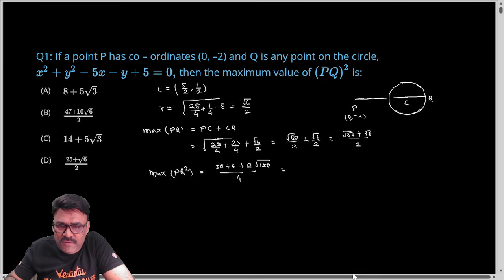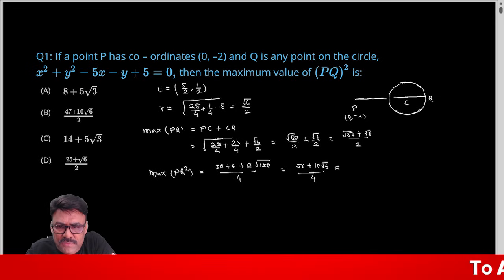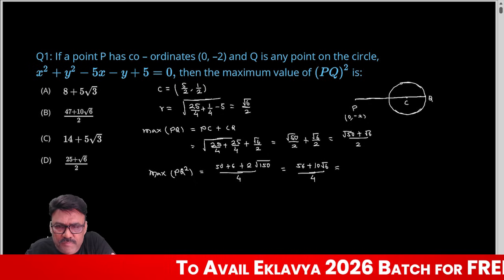So it is 56 plus, under root 50 is actually 25 into 6, so root of 25 is 5, so 10 root 6, divided by 4. Divide by 2. So it is basically 28 plus 5 root 6 by 2.